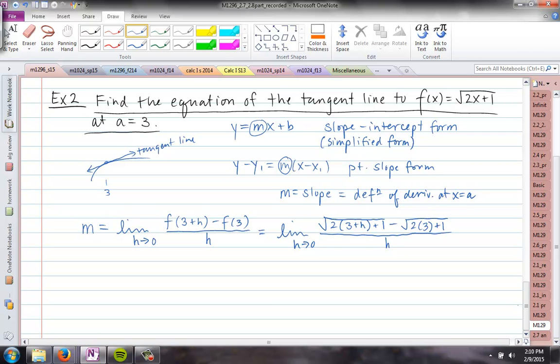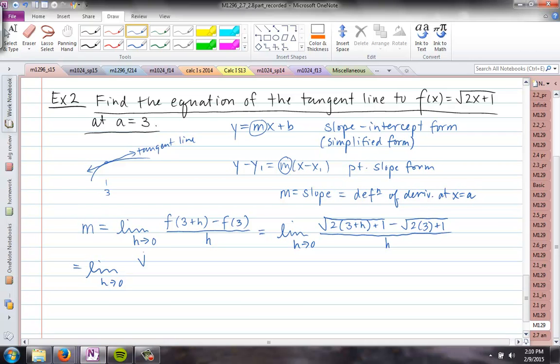Okay, so now just go ahead and simplify this. There's some things to do in there. So for example, we could go ahead and distribute the 2, and we get 6, and then that's a plus 1 if we combine like terms.